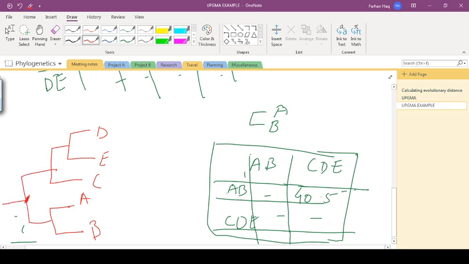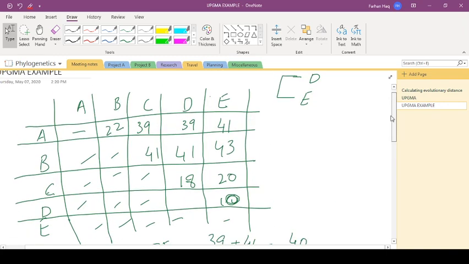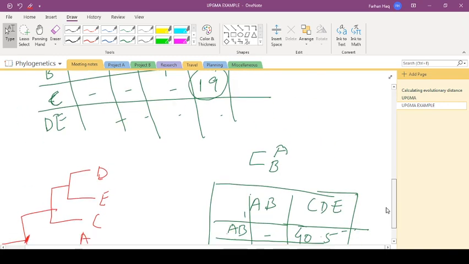This will be the final tree: D and E are most closely related, then there is an outgroup of C, and A and B are most closely related, and then we had this final tree.